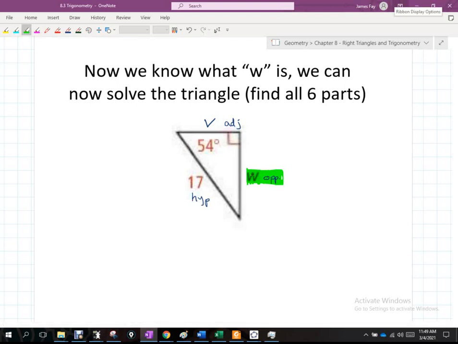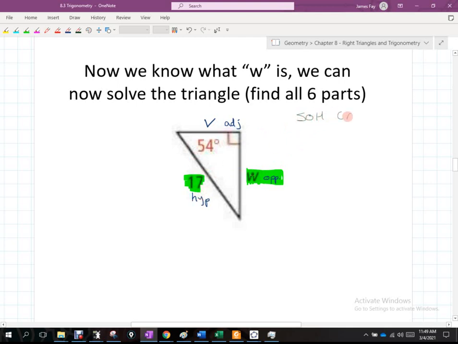All of our equations will be one variable, so I have to choose every other side to be a known quantity. That is 17. So I have to use the opposite side and the hypotenuse.